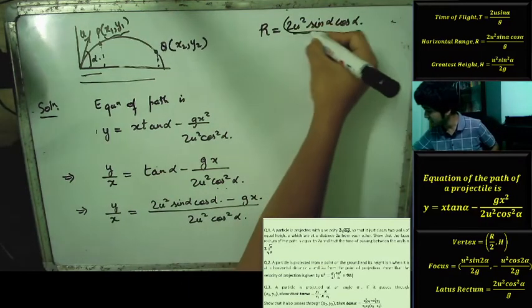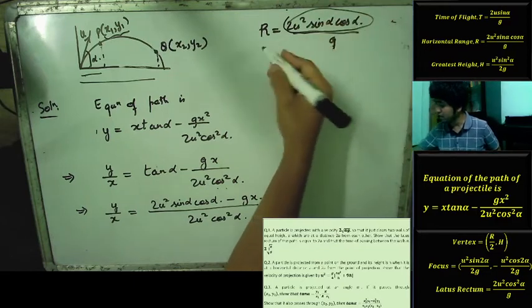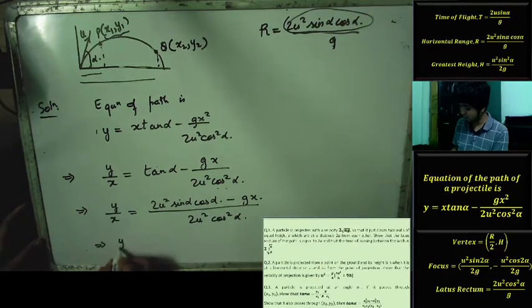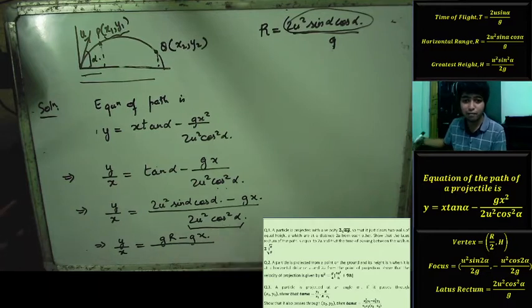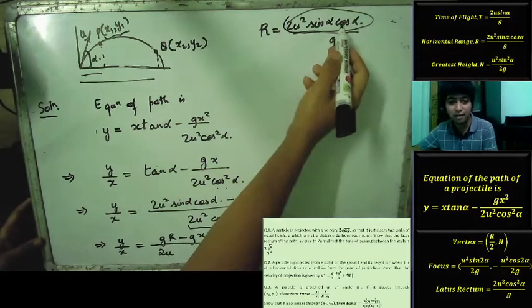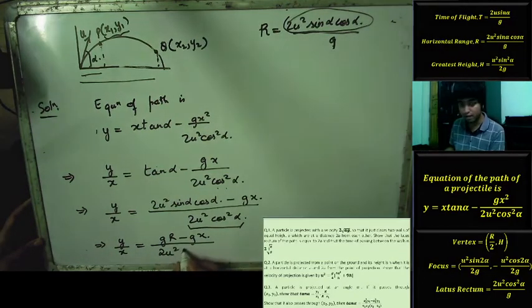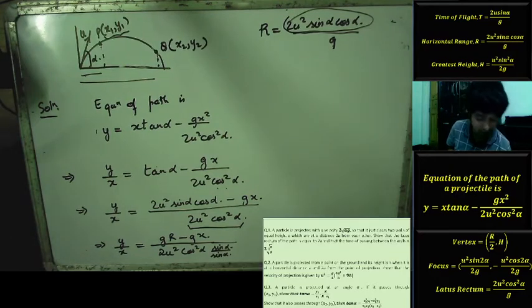We can see that 2u square sine alpha cos alpha will be gR. So this one is equal to gR minus gx. Again we need the value for R, so we can multiply and divide by sine alpha, because in R we also have sine. So this is what we will do.